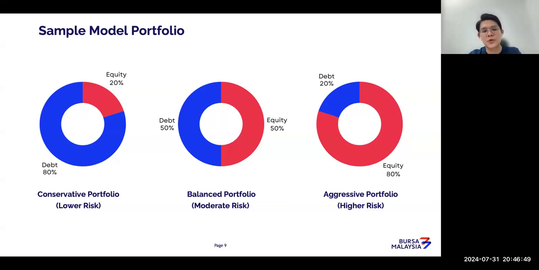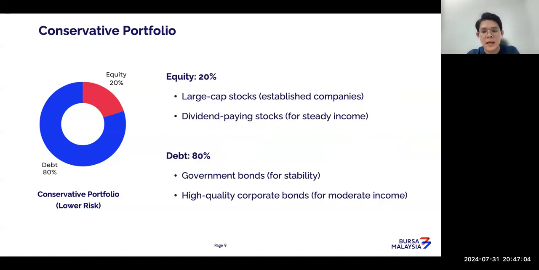So here are three different samples of model portfolios which we can refer to, and then think about which type of model portfolio the portfolio we are holding falls under. I will go one by one. The first one, the conservative portfolio, prioritizes capital preservation and steady income.